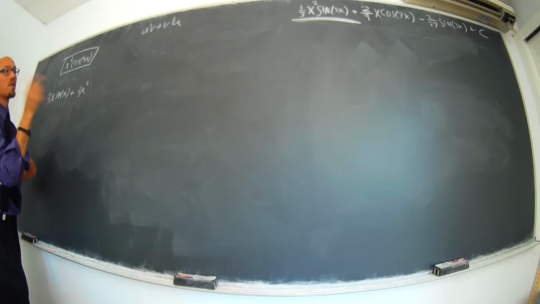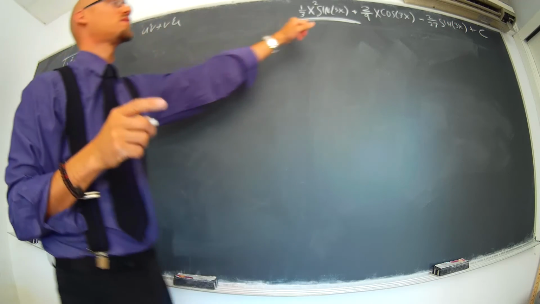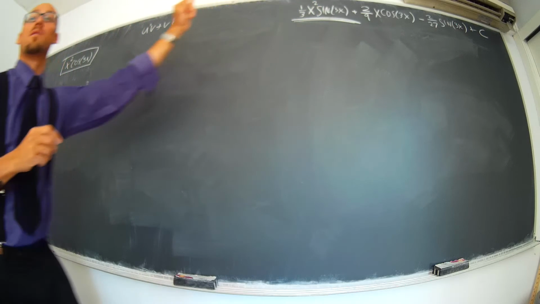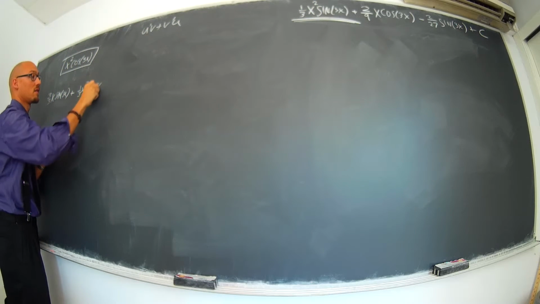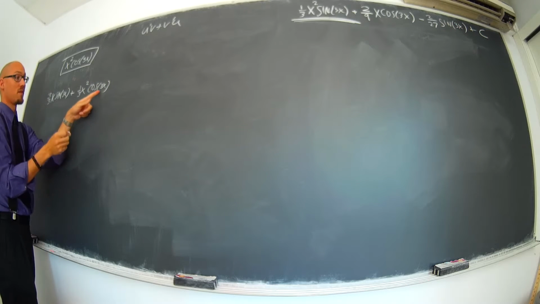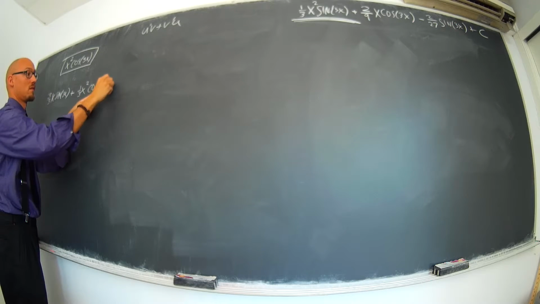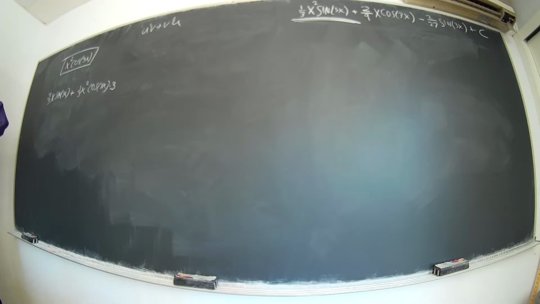And we're taking the derivative of sine of 3x, aka the derivative of sine of stuff, which is cosine of stuff, times the derivative of stuff, times 3.